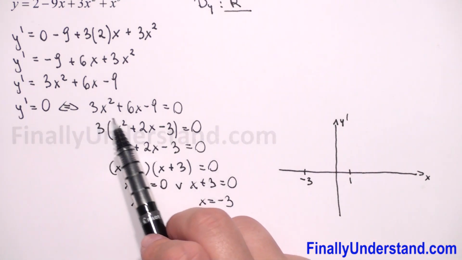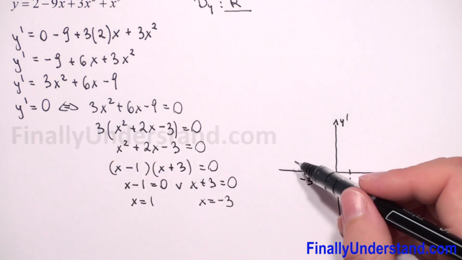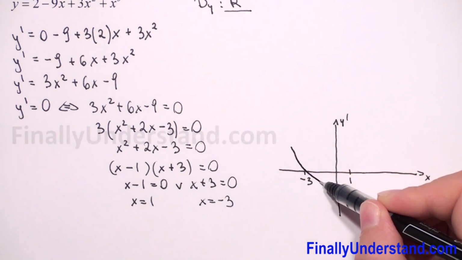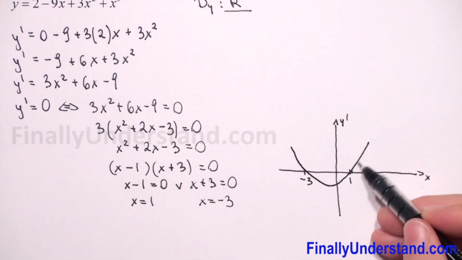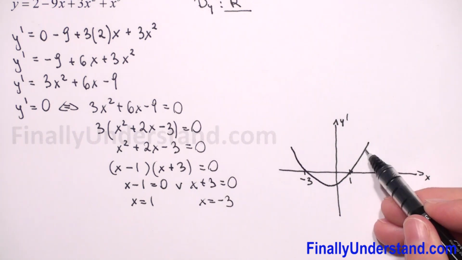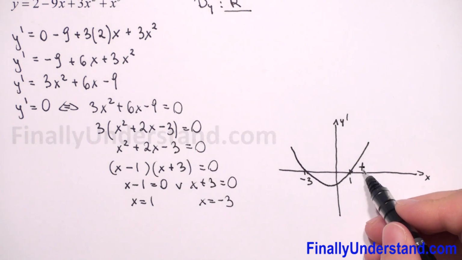The graph of a quadratic function is a parabola, and because we have a positive coefficient before x squared, our parabola opens up. The part on the right side of 1 is above the x-axis, so it has positive values.